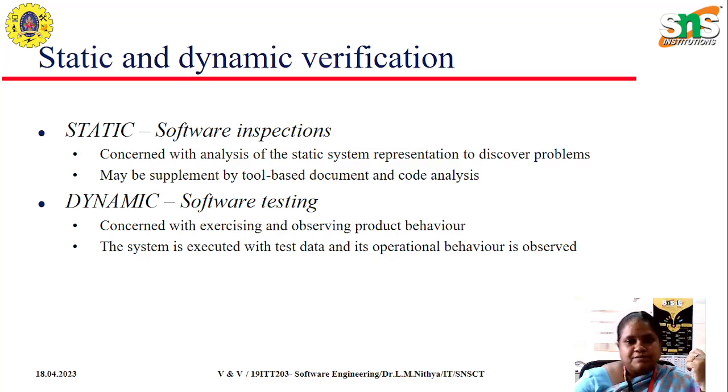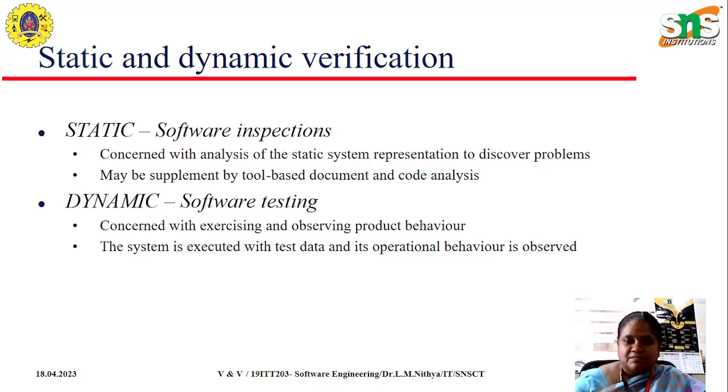There are two types of verification normally. One is static verification and another one is dynamic verification. Static verification is concerned with analysis of static system representations, and accordingly discovers the problem. It may be supplemented by tool-based document and code analysis. But what is dynamic software testing? As the term describes, dynamic is concerned with exercising and observing the product behavior.